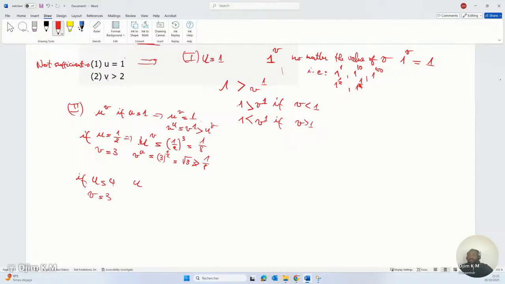So we have u to the power v, which is 4 to the power 3, which will be 16 times 4, which will be equal to 64.